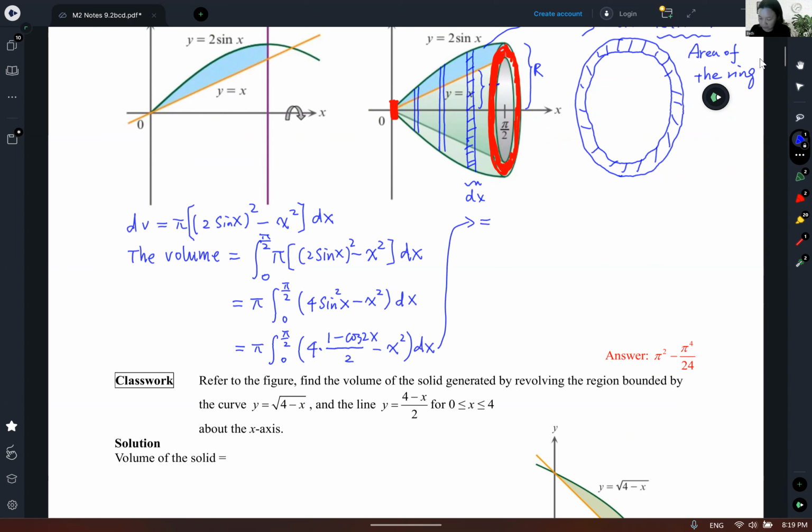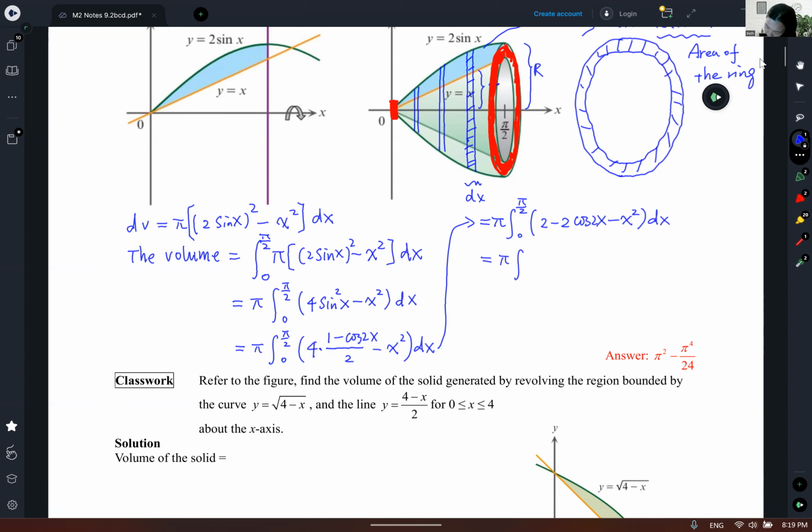And then you take out pi, from 0 to pi over 2, of (2 minus 2 cosine 2x minus x squared) dx.